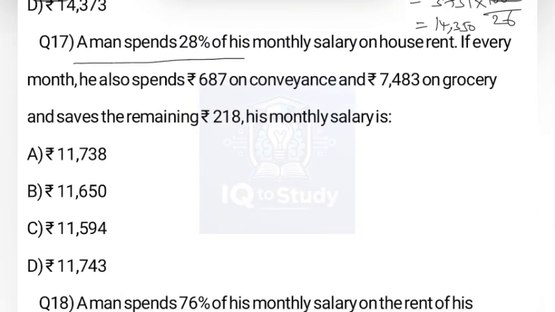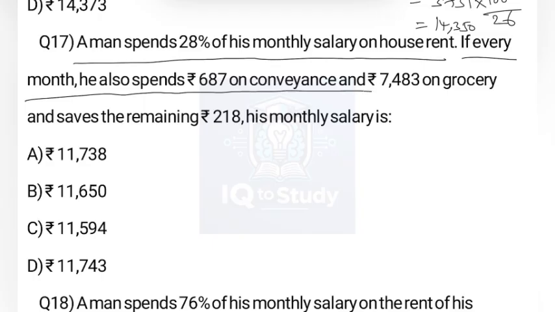A man spends 28% of monthly salary on house rent. If every month he also spends 687 rupees on conveyance and 7483 rupees on grocery and saves the remaining 218 rupees, his monthly salary is.